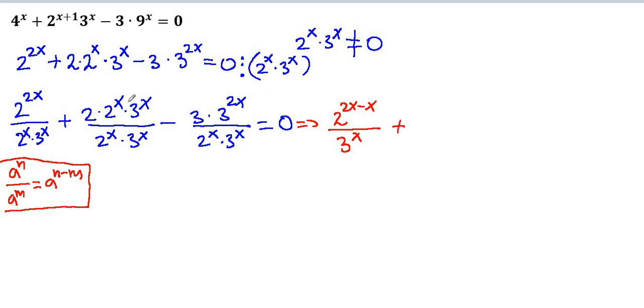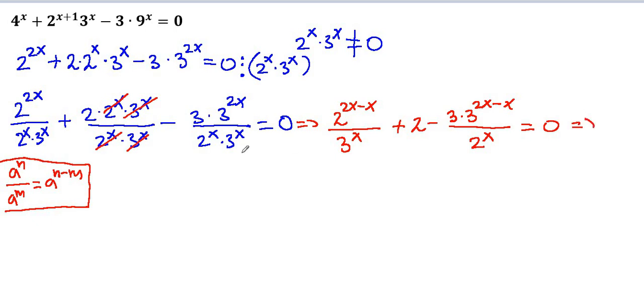And plus, we see that here this is going to be cancelled, so we'll get just 2 here, and minus 3 times 3 to the power of, we have the same base, so in the exponent 2x minus x, divided by 2 to the power of x, which is equal to 0.